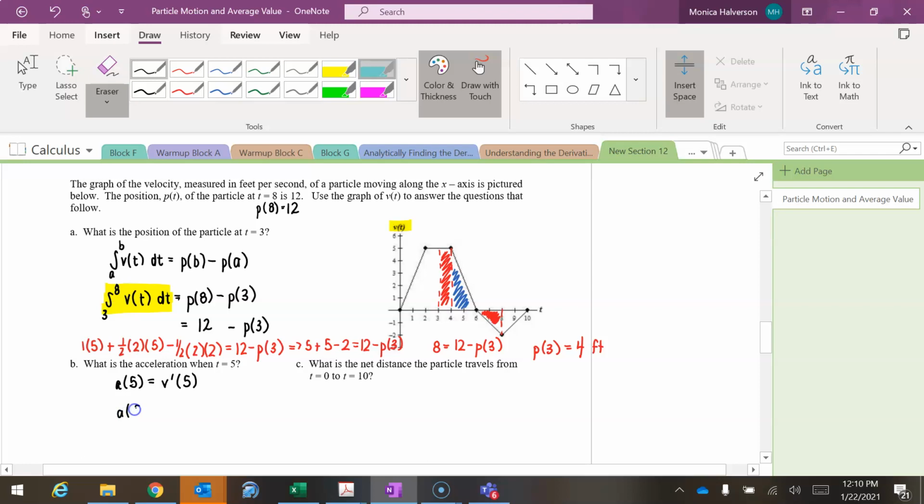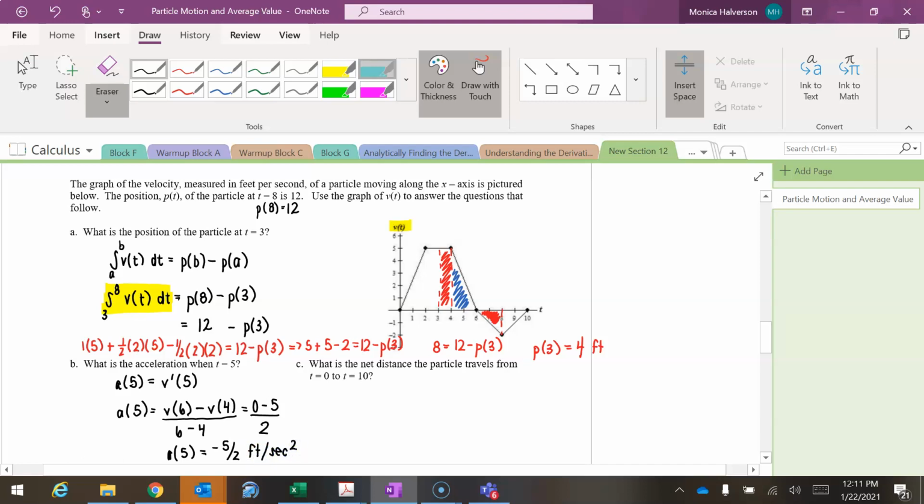So the acceleration at 5 is going to be the velocity at 6 minus the velocity at 4, all over 6 minus 4. So we get 0 minus 5 over 2. So our acceleration is going to be negative 5/2 feet per second squared.